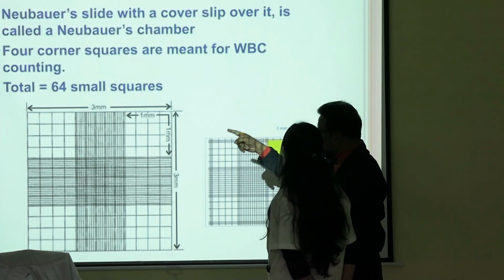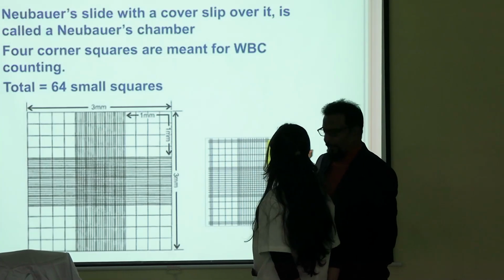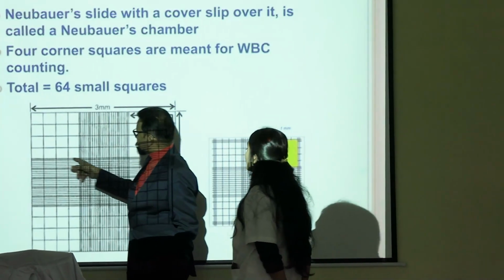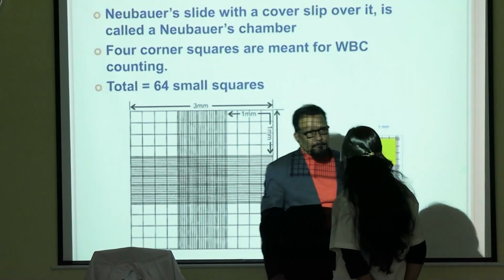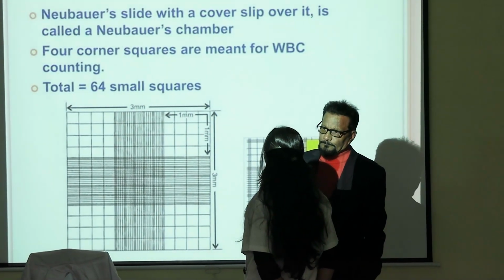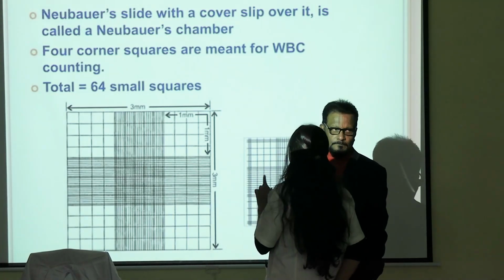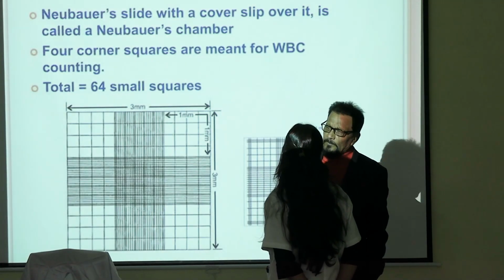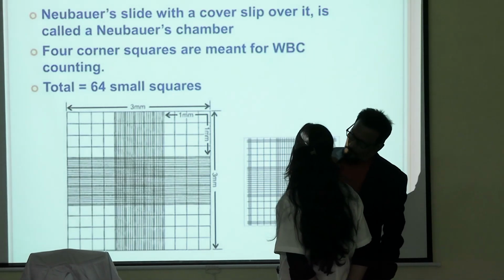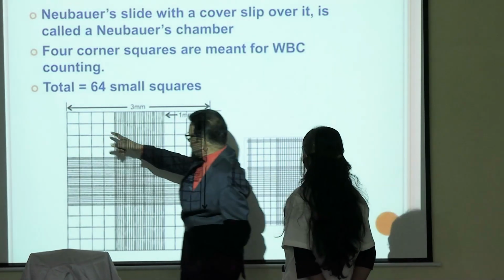So area is 1 mm square. Now what is the volume of this area? 0.1 cubic mm. Okay.